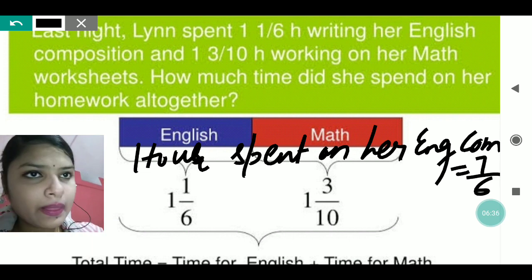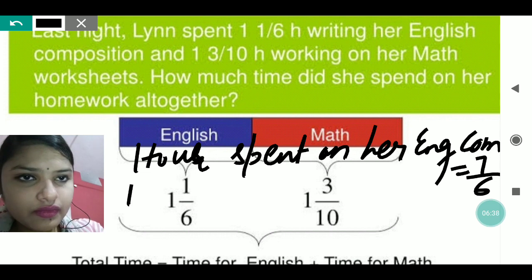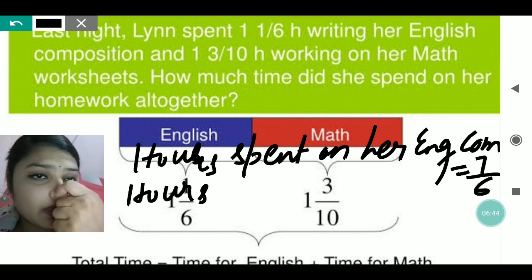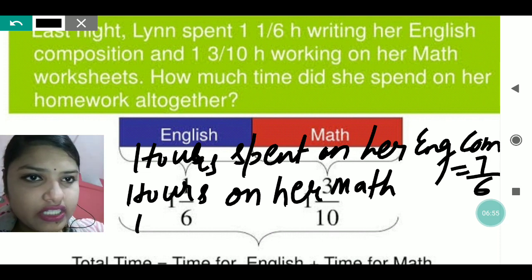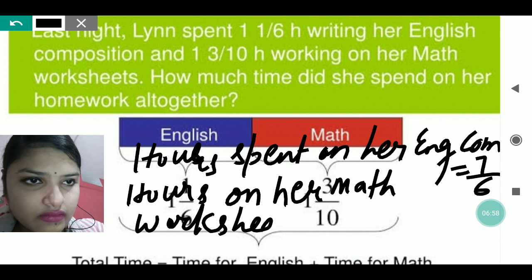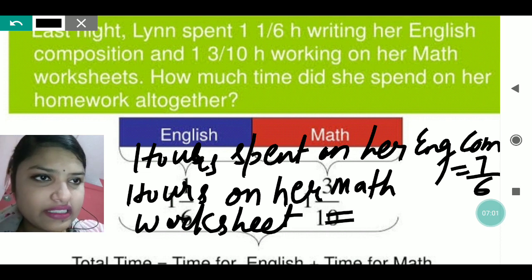Okay, now hours spent on her math worksheet, that is 13/10.